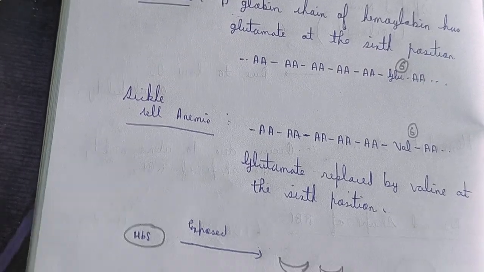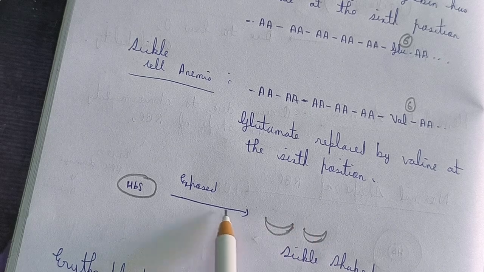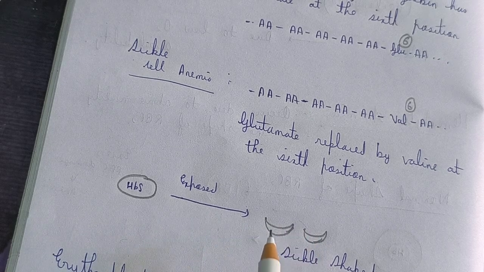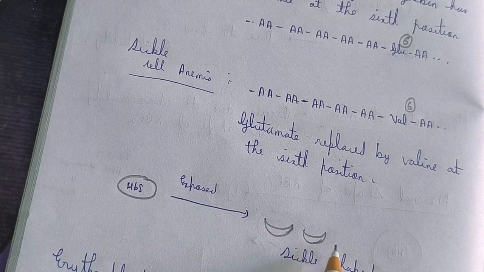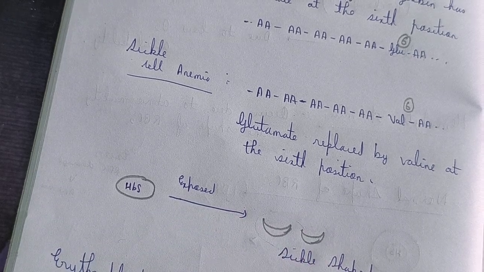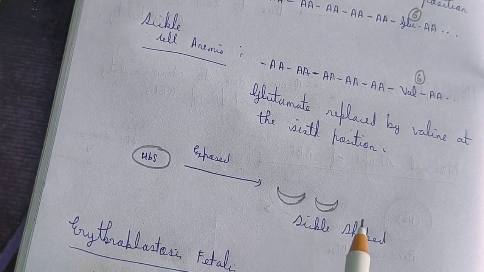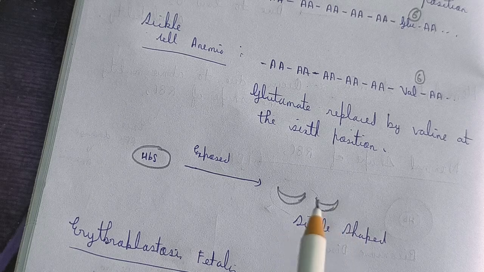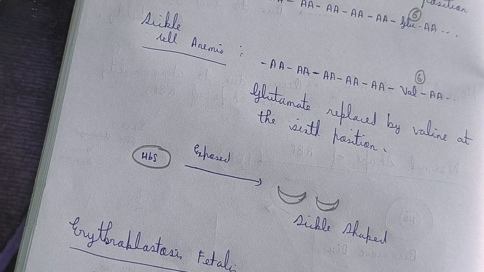When the RBC is exposed, it is converted to sickle cell shape, and on being converted to sickle cell shape, their destruction or damage is too large, so sickle cell anemia develops.